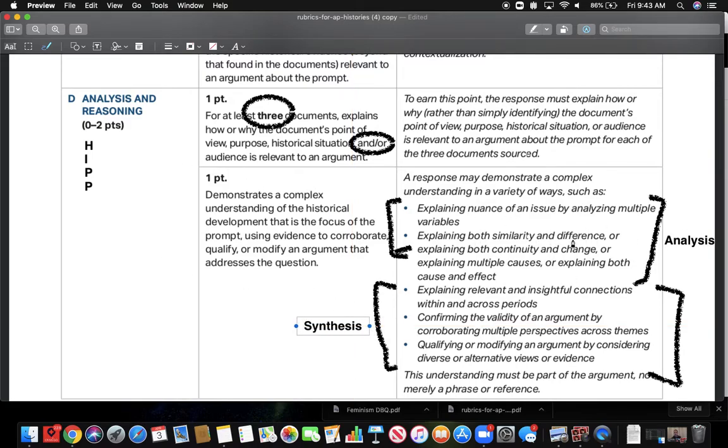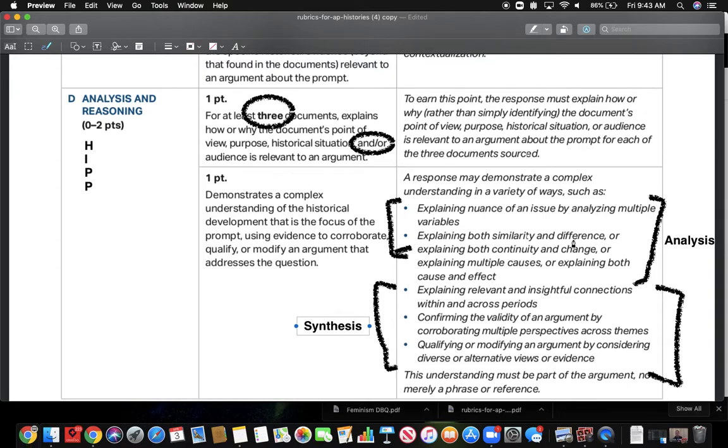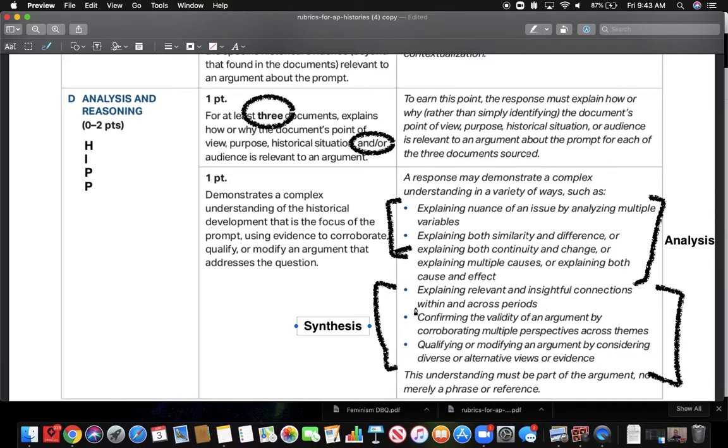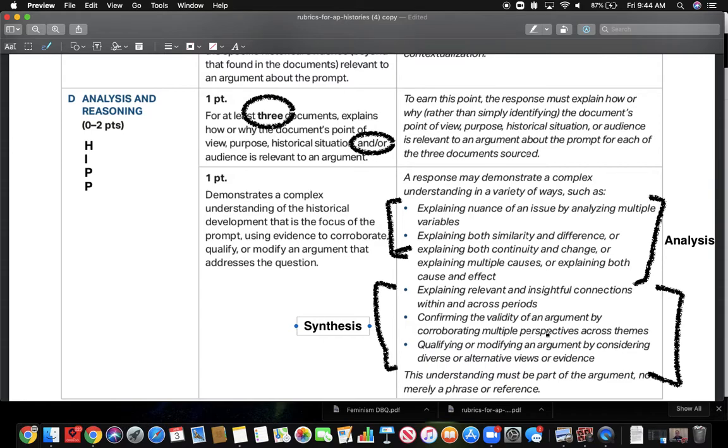You can either do an analysis statement explaining why it's a cause and effect, why it's a similarity and difference, why there's a continuity and change, or, wow, I can't believe Mr. Oftedal said the word or, you can do a synthesis statement by simply, in your conclusion paragraph, either providing evidence that connects within and across time periods, either within the time period from a different place, across the time periods in the same place, by corroborating multiple themes.